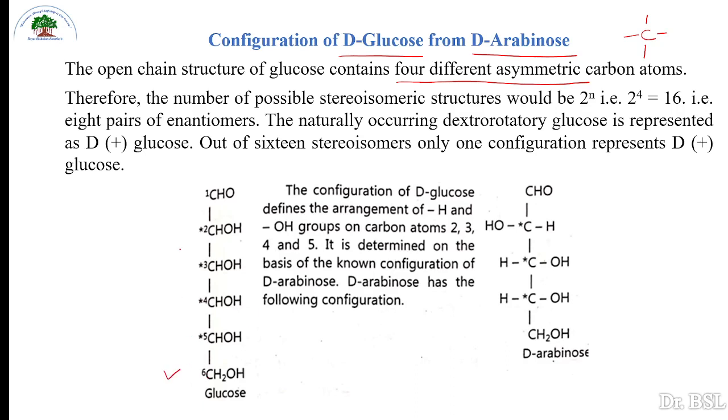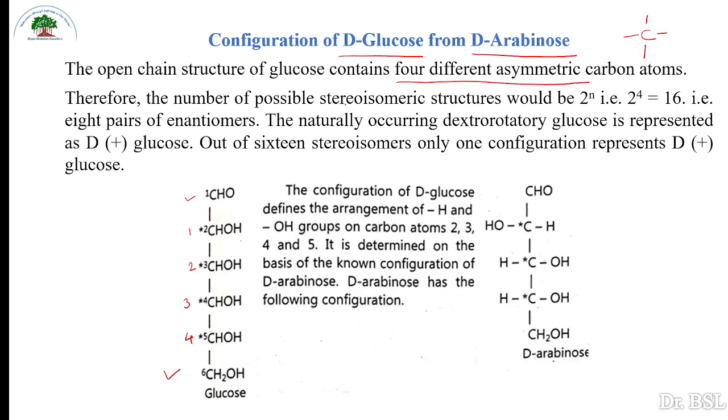So here 1, 2, 3 and 4 are the four asymmetric carbon atoms, because this aldehyde is not asymmetric and this CH2OH is also not asymmetric.